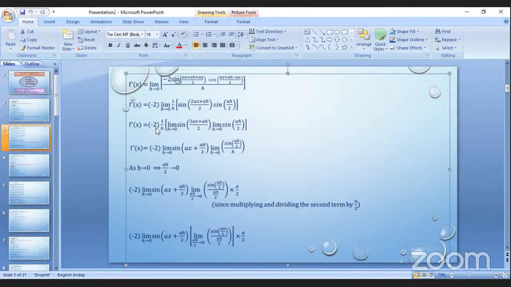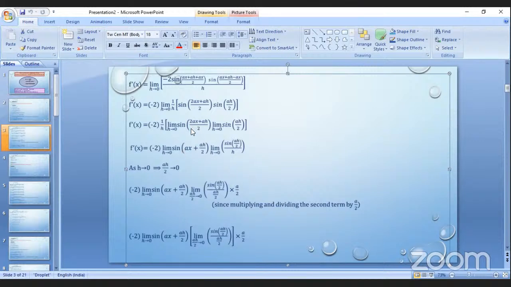Now applying the property of limits, here limit h tends to 0 sine of (2ax plus ah) by 2, into limit h tends to 0 sine ah by 2. f dash x equal to minus 2 limit h tends to 0.